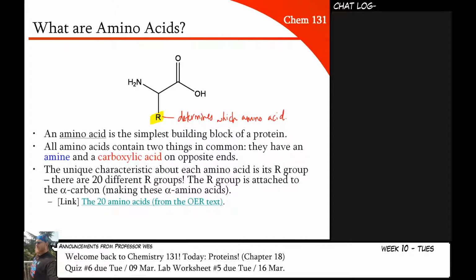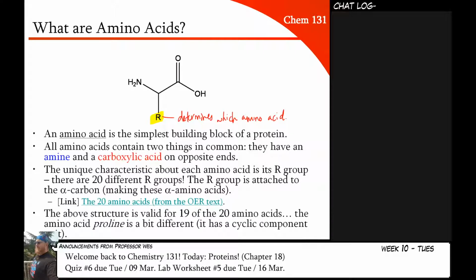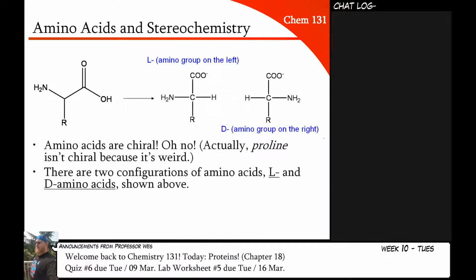All right. Now, as I chain more and more of these together, I didn't realize that this just says down here below my head, where you can't see, the amino acid proline is a bit different. It has a cyclic component to it. I want to talk about chaining things together.